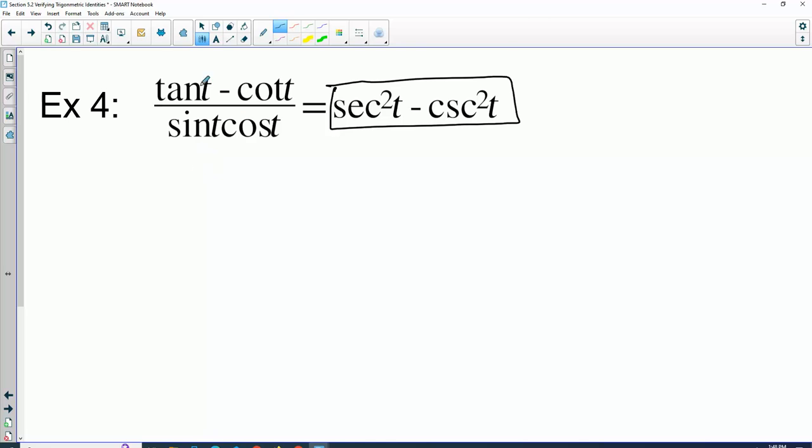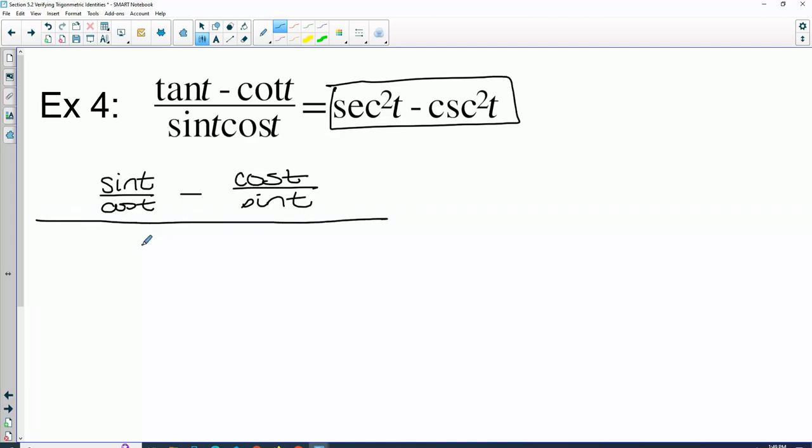Let's change. Tangent minus cotangent is an identity. So if you don't know what else to do, change to sines and cosines. Tangent is sine t over cosine t, minus cotangent, which is cosine over sine. It's all divided by sine t cosine t.